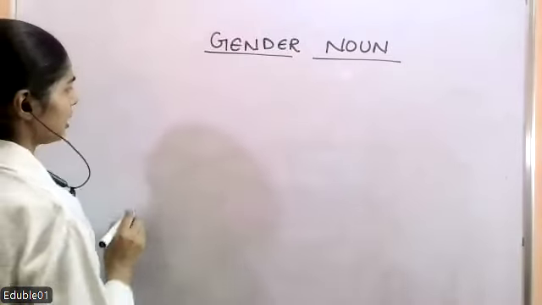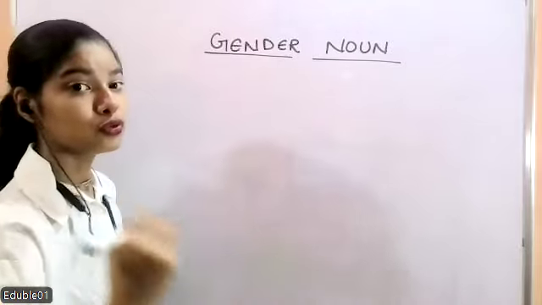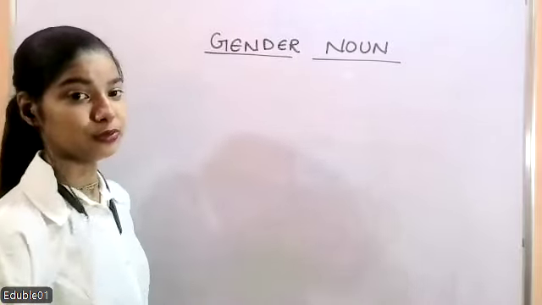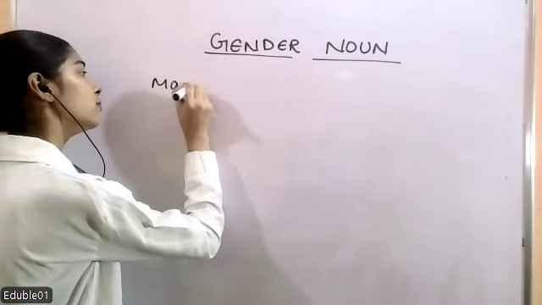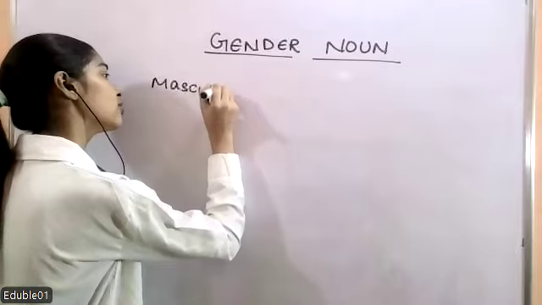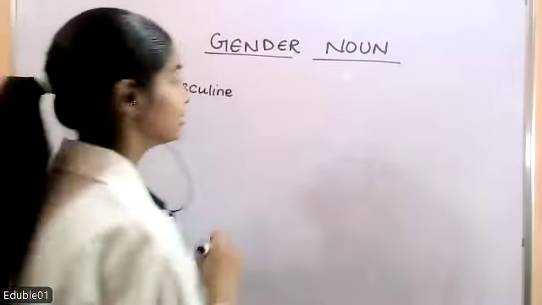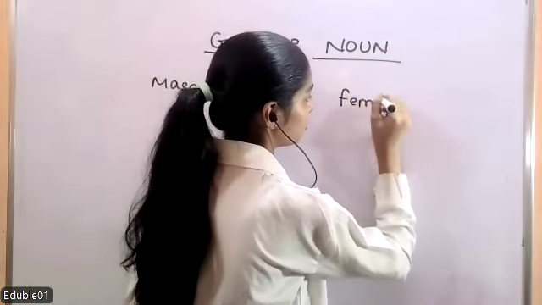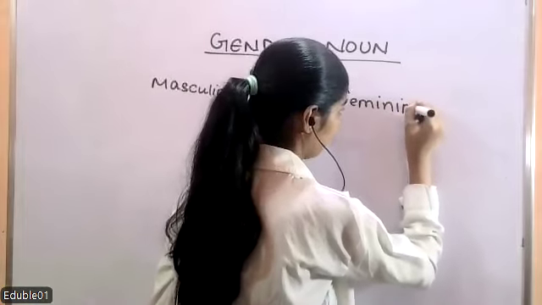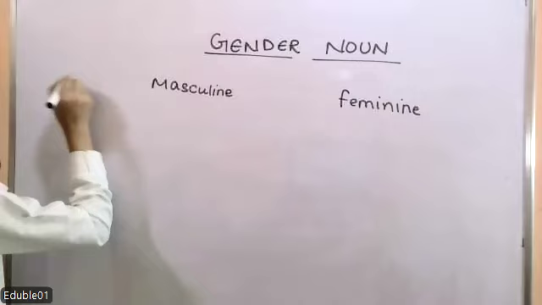The names of those two genders in grammar are masculine noun for males, and feminine noun for females.